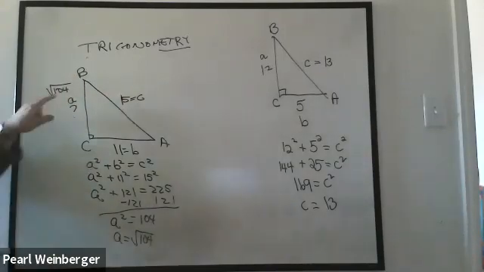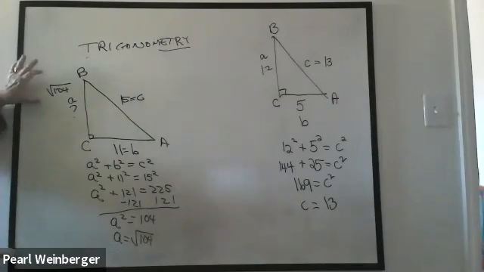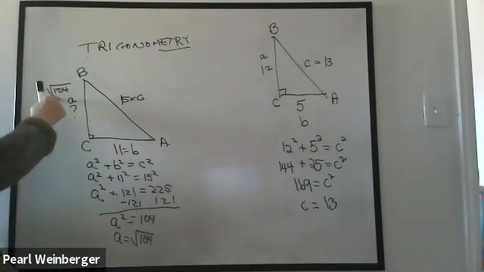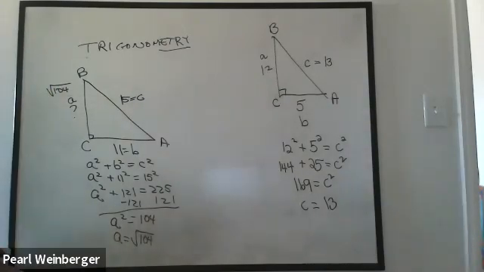Now, if you recall with radicals, there are two ways of writing radicals. Usually, unless we're told, we leave our answer in radical form, which means inside the radical. If we can simplify it, then we break it up.